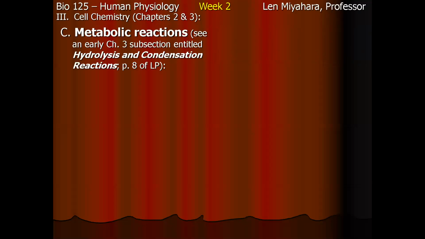Okay, I said up here on the whiteboard that we're looking at lecture packet pages 6 through 8. On page 6, it talks about the anabolism and catabolism we already talked about. It does talk about enzymes and the 3 major nutrient molecules we're going to look at.